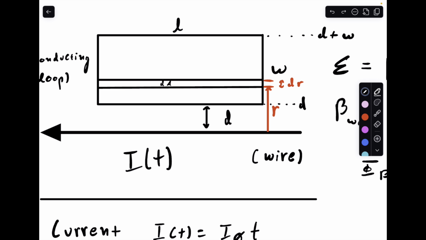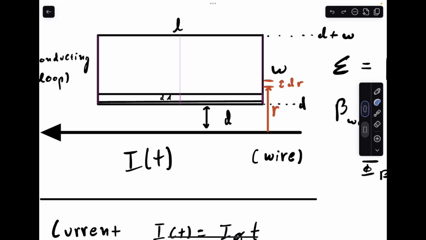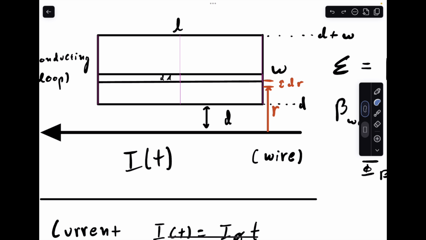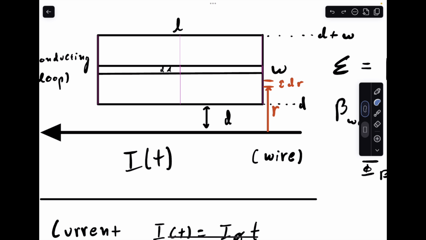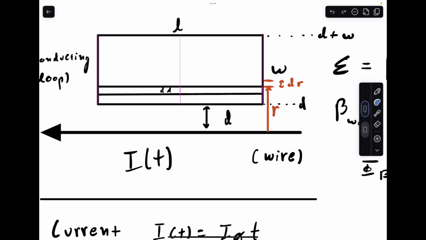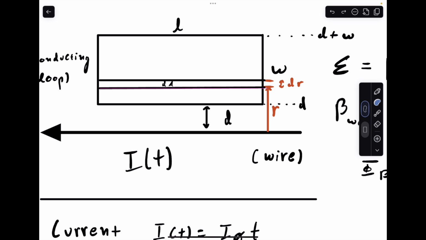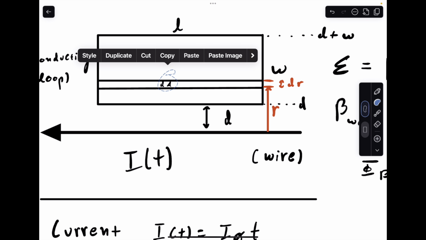So the intuitive way you should be thinking about it is, I'm going to move this dA. We're basically integrating from r equals 0 along all of these r's, along this entire loop, right? Until we get to the top. Infinitely small dAs that have infinitely small corresponding dFluxes, right? So we have infinitely small changes in area that have infinitely small changes in flux that we integrate in order to get the total flux, right?